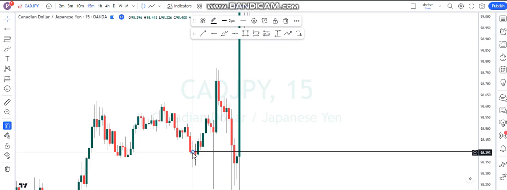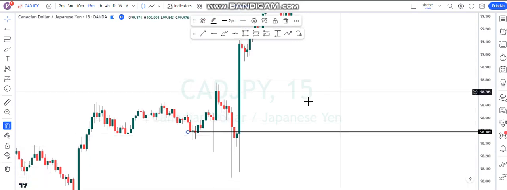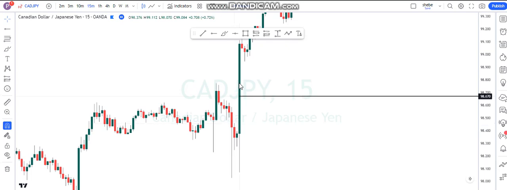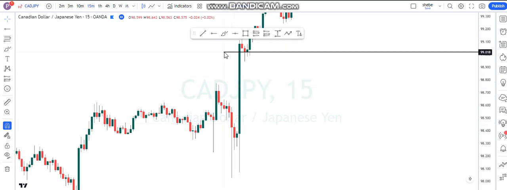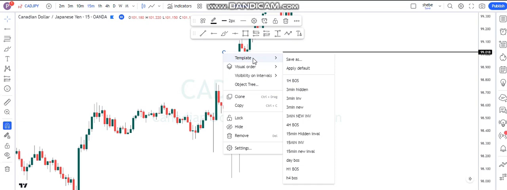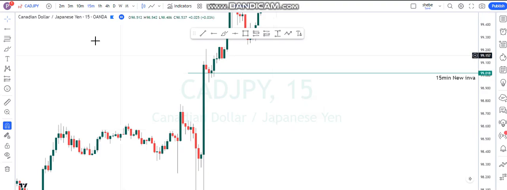But when the price went up, it did not come back to this invalidation point. It just ended here by making this low. Hence, this low becomes our 15 minutes new invalidation point around here. That was not full enough.